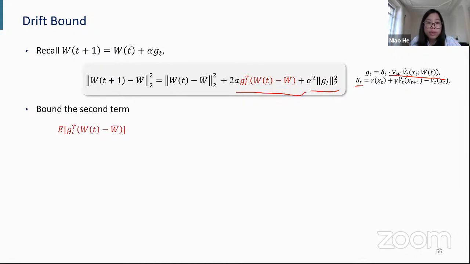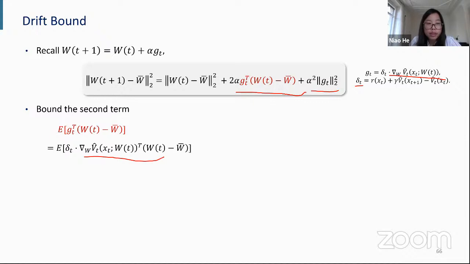And for this cross term, if you just plug in the definition, again this gt is just the temporal difference times the gradient, times, this is the inner product here. If you look at the first two terms, the gradient at w times w, because we're using the rectified linear unit, in fact this is exactly just the value function at Wt, right?